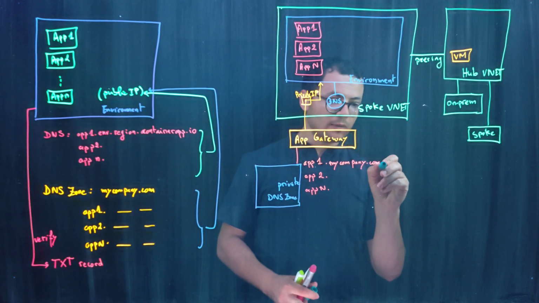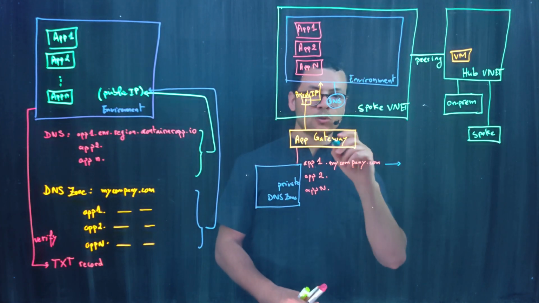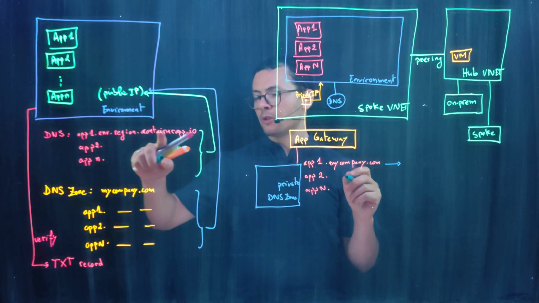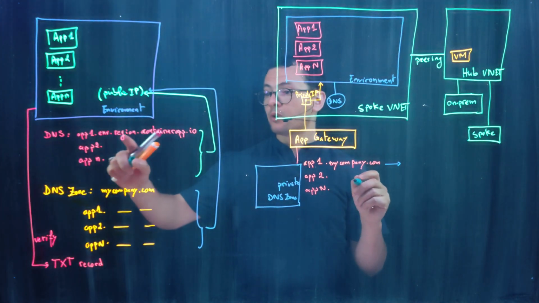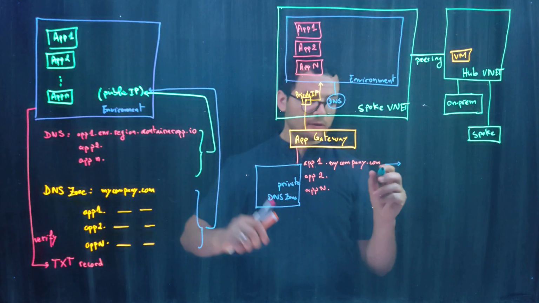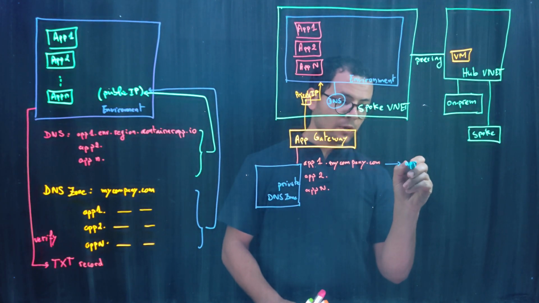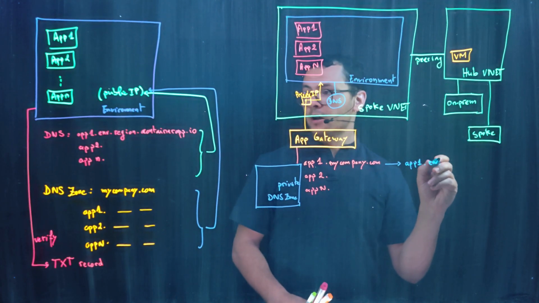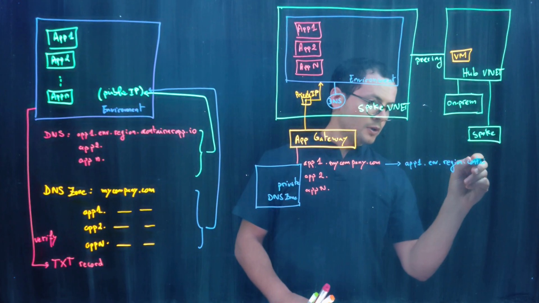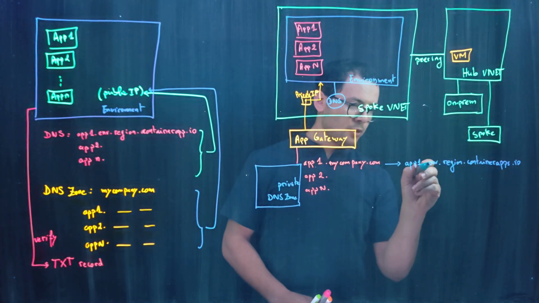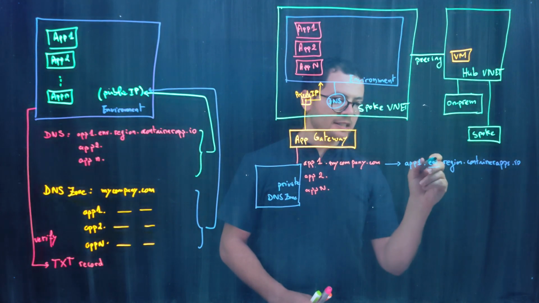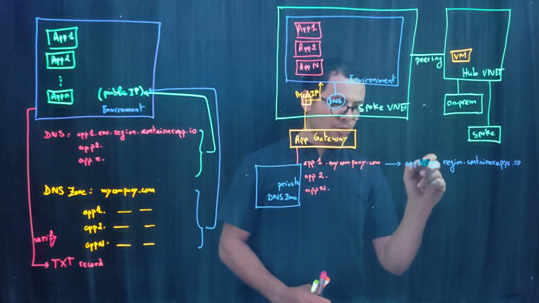And each one of these domains will route to the default created FQDN for the container apps, which is in this case here app1 dot the name of the environment dot region dot containerapps.io. Here I put the name of the environment, but actually that's the generated name for the FQDN.